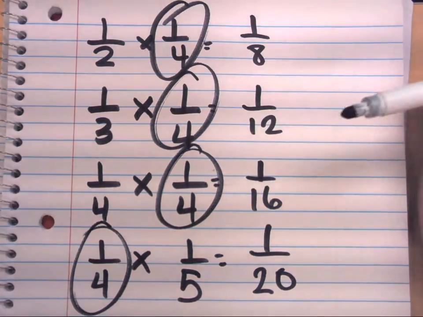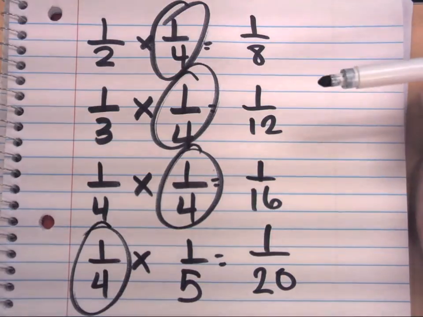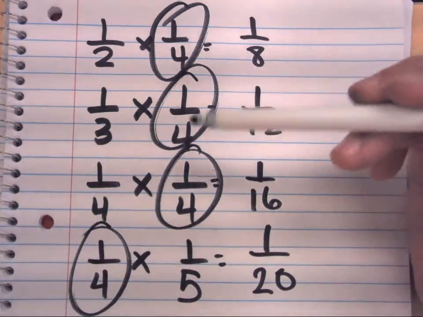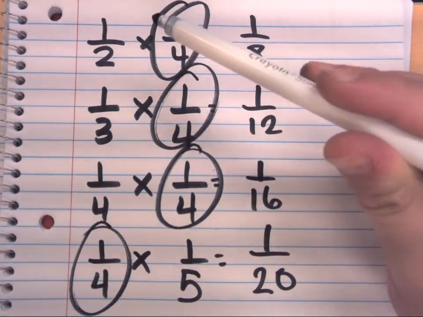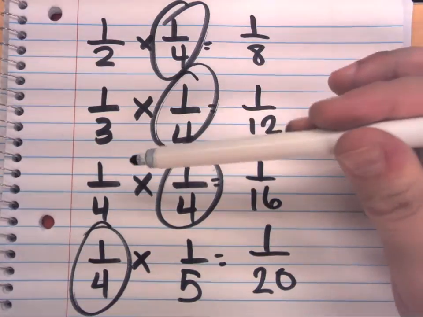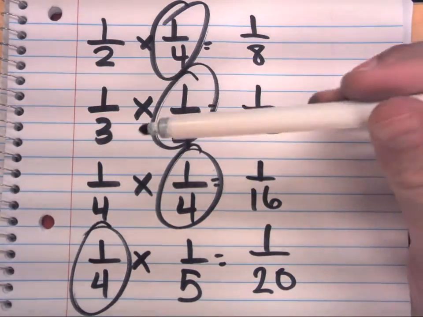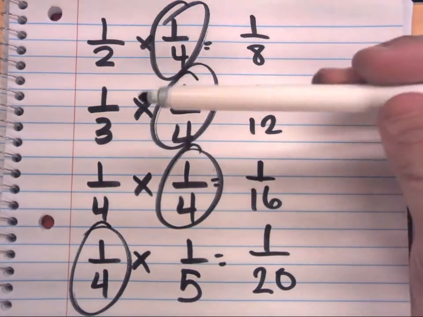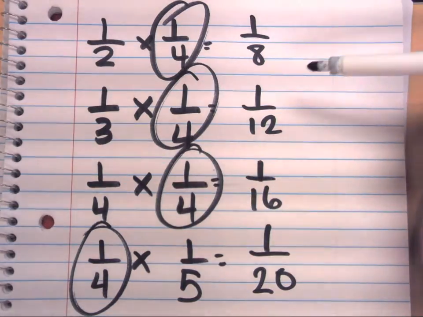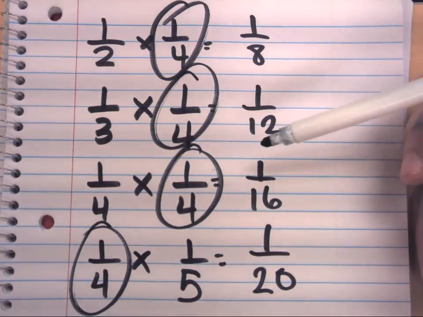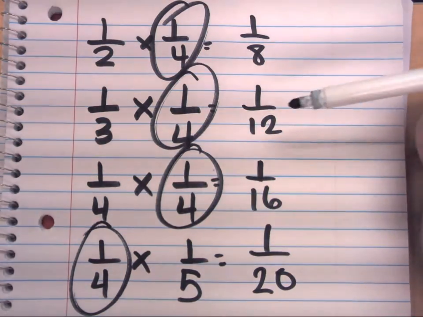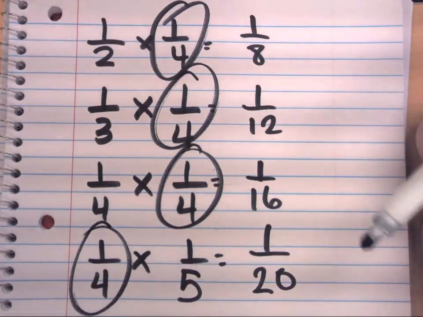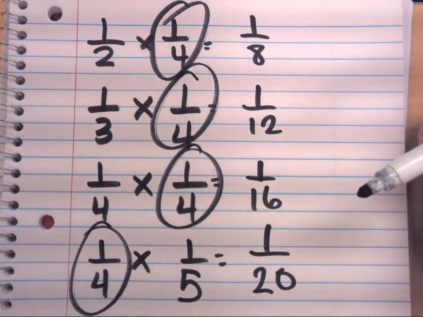And so going back to the conversations we had at the beginning of the class, we wanted to know, okay, the other factor is changing, but is it getting larger or is it getting smaller? And then also looking at our products, we wondered the same thing. Are our products getting larger or are they getting smaller?